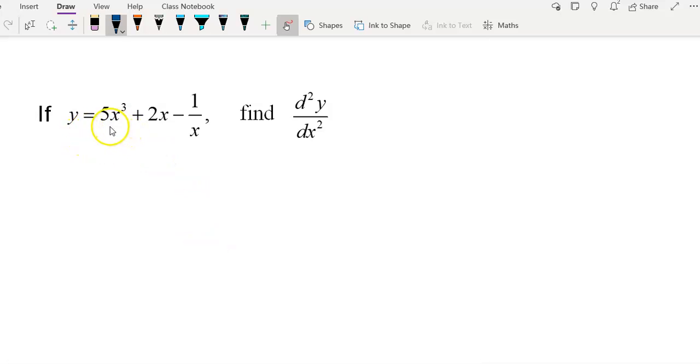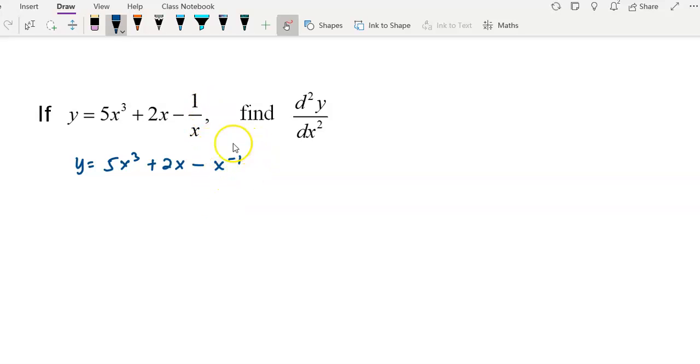If y equals 5x cubed plus 2x minus 1 over x, find d2y dx2. Sometimes, with a function given the name y, you write the second derivative as d2y dx2. Before I start, I will rewrite my question into this form first: 5x cubed plus 2x minus x to the power of negative 1.